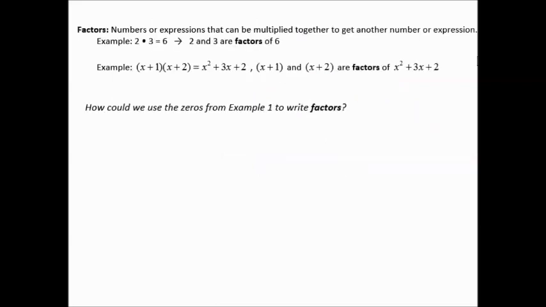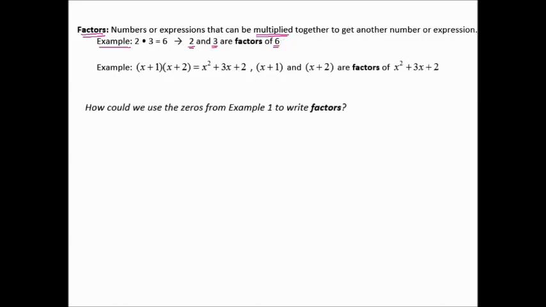So now I want to take a look at our factors. If we recall, factors are numbers or expressions that can be multiplied together to get another number or expression. If we look here at this first example, we only have numbers. 2 times 3 is equal to 6. So we know that 2 and 3 are factors of 6.